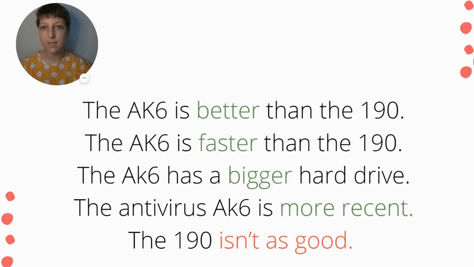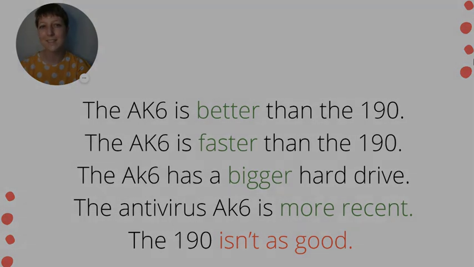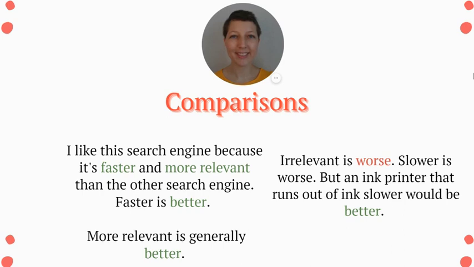And we learned that the AK6 is better than the 190. The AK6 is faster than the 190, it has a bigger hard drive, and the antivirus is more recent. That's a good thing. The 190 isn't as good as the AK6.